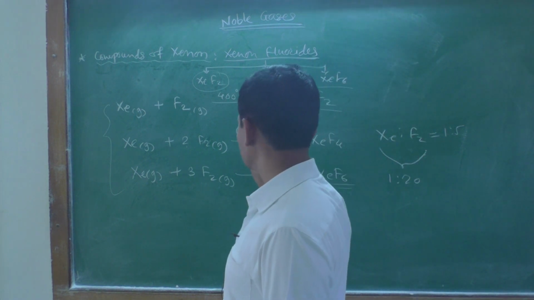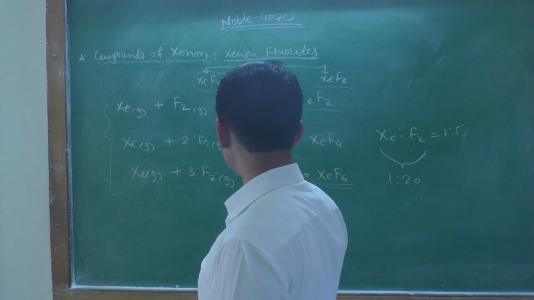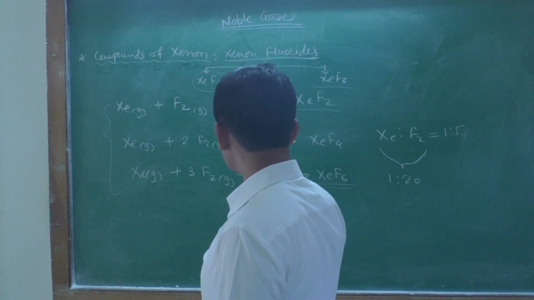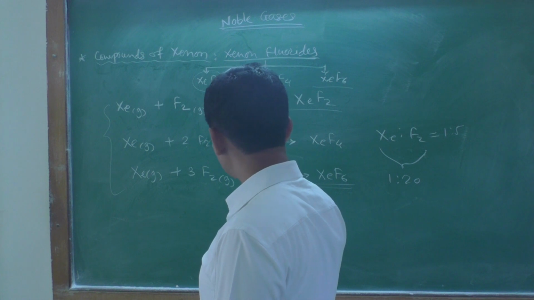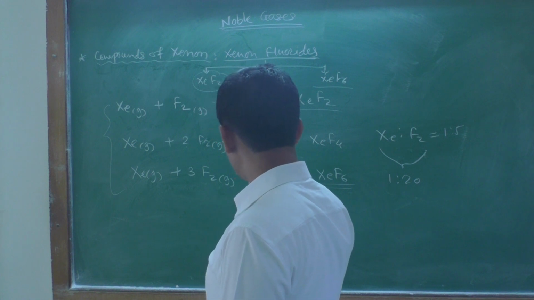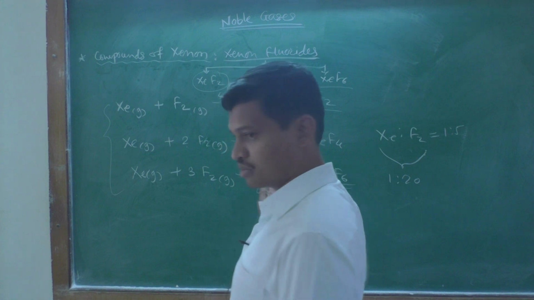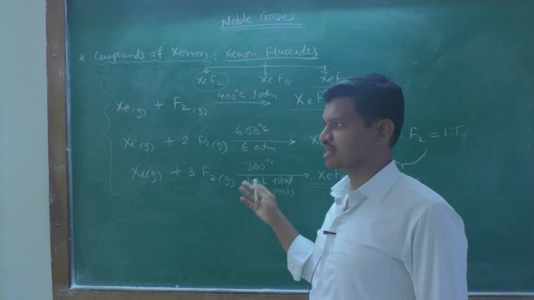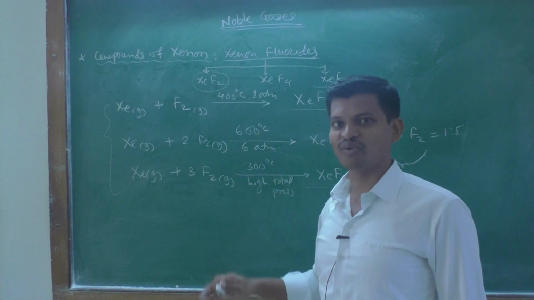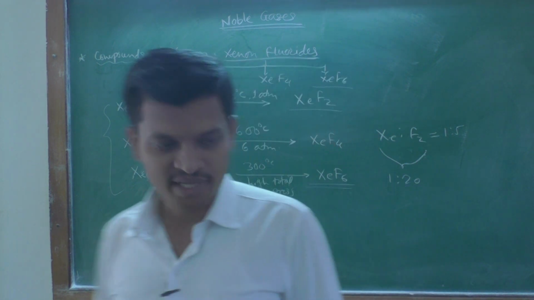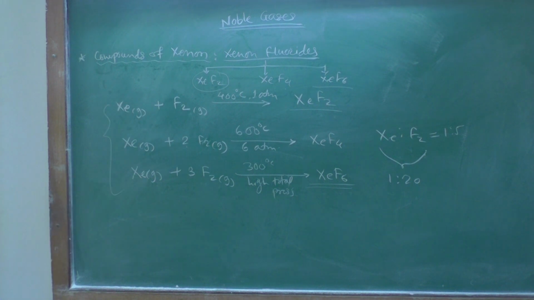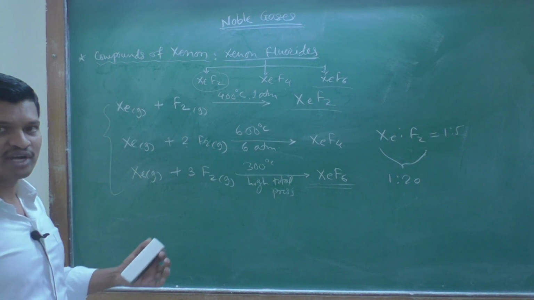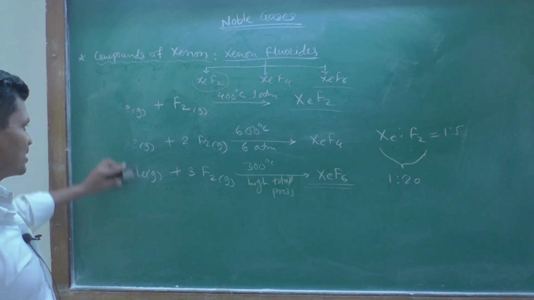The condition for the formation of xenon hexafluoride is a temperature of 300 degrees Celsius but with high total pressure. As the total pressure is very high, the temperature required for the formation of xenon hexafluoride is less. So these are the xenon fluorides with their synthesis or preparation methods.